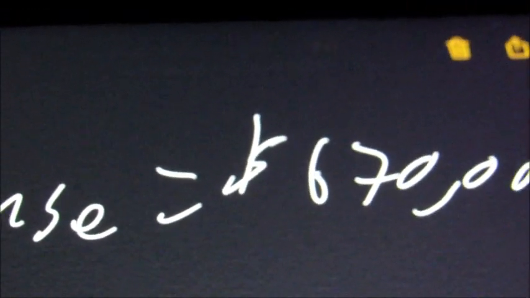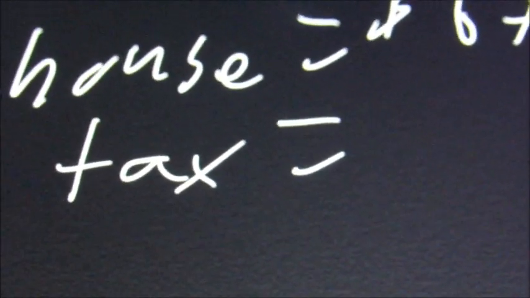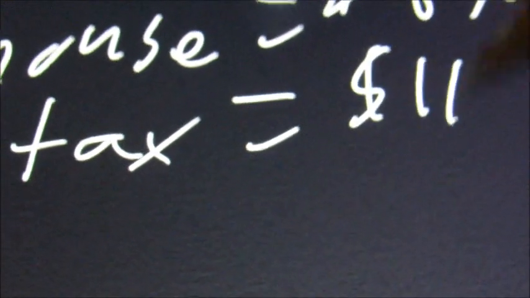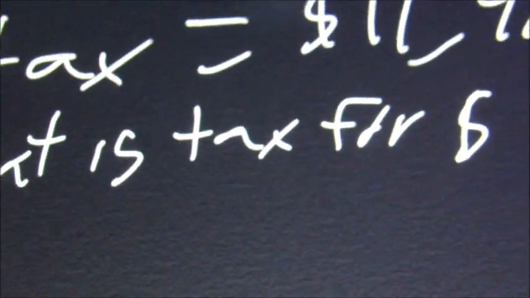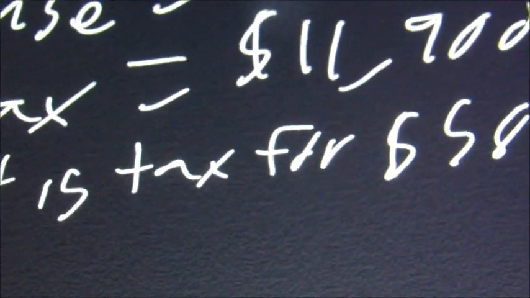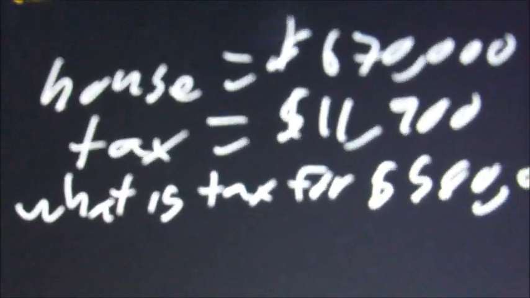So if the house is $670,000, the tax is $11,900. What is the tax for $580,000? And this, all you have to do is set it up.